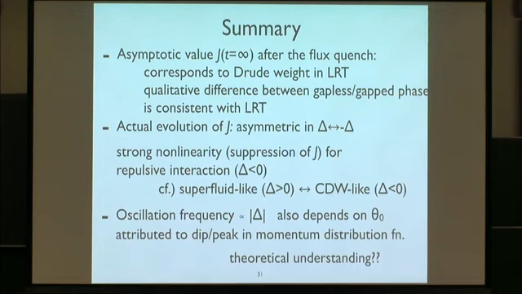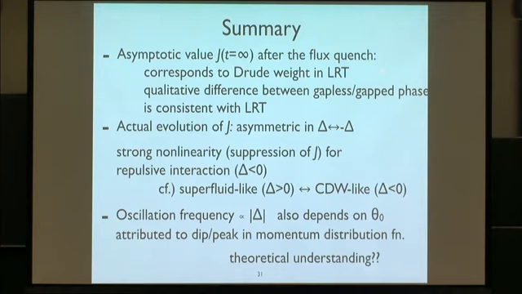Anyway, to summarize, we studied this particular case of quench in the XXZ chain, or spinless fermion chain, and the flux quench is equivalent to the application of a delta-function electric pulse. Then the asymptotic value long after the quench should correspond to the Drude weight if we apply linear response theory.